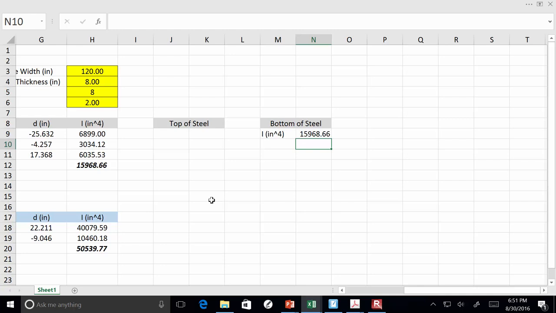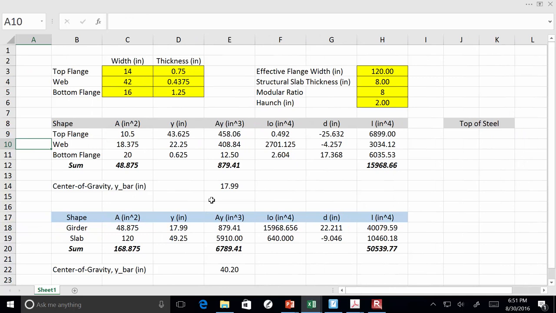Now, extreme fiber distance, so C. We're looking at extreme fiber distance, and I'm saying that's from the centroid to the very, very bottom of the section. What is that value for this shape? It's the 17.99. Remember where we were measuring our distances from. We were measuring them from the very bottom.